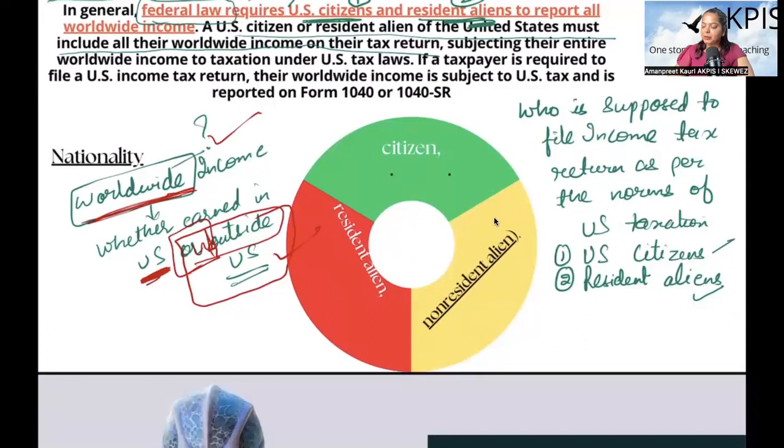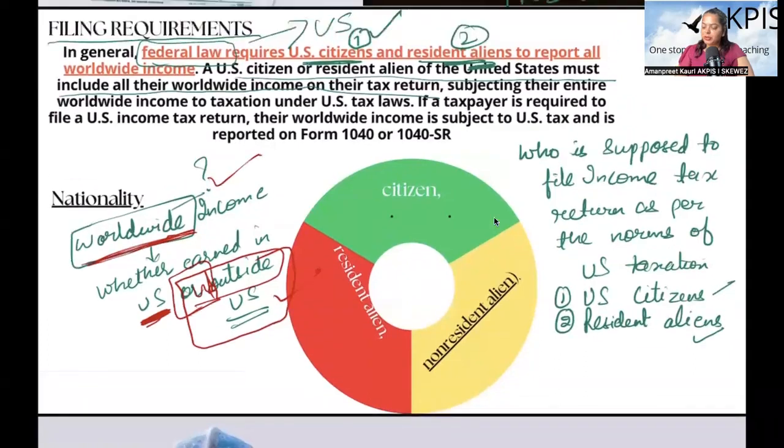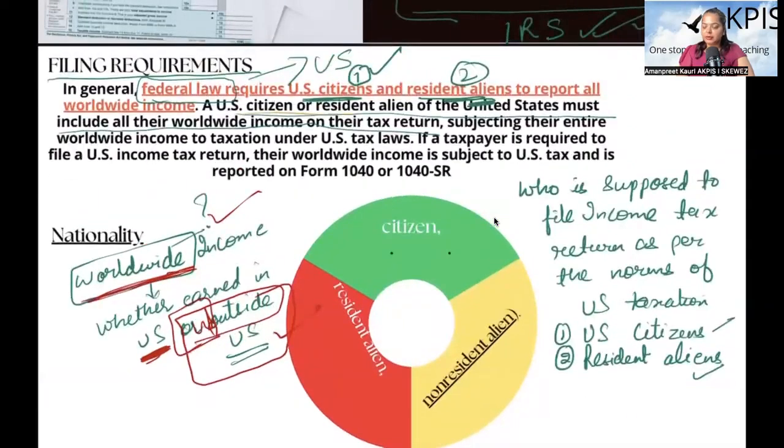Now let's come back to our provision. It says a US citizen or resident alien of the United States must include all their worldwide income on their tax returns, subjecting their worldwide income to taxation under the US tax laws. So that means if you are a citizen of India, point number one.